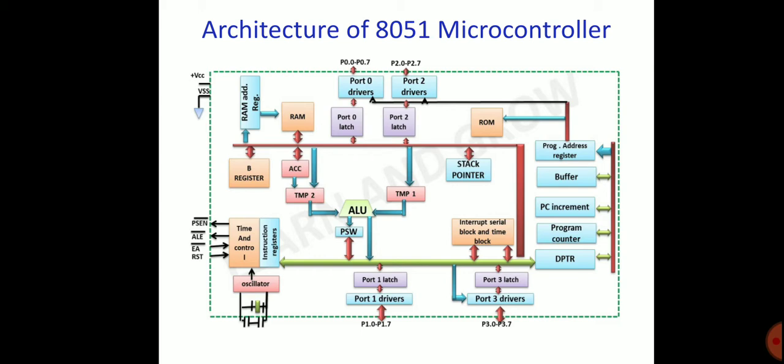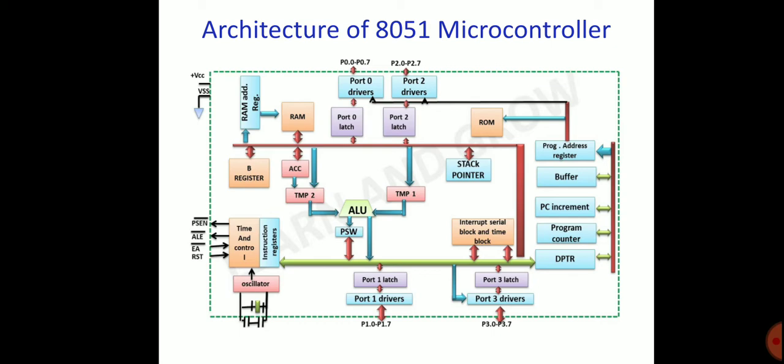The memory, RAM and ROM, is connected between the address and data lines to the controller, and then the supply voltage is 5 volts. Then there are the program address register, buffer, PC increment, program counter and DPTR.